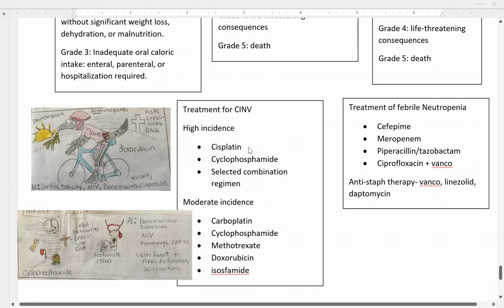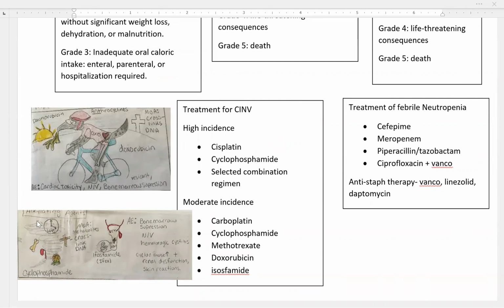Well, if they have really bad nausea and vomiting, you can use cisplatin, which I don't have a picture of. You can use cyclophosphamide, which is shown in this picture here by this cyclone, which is an alkylating agent. And then selected combination regimens.